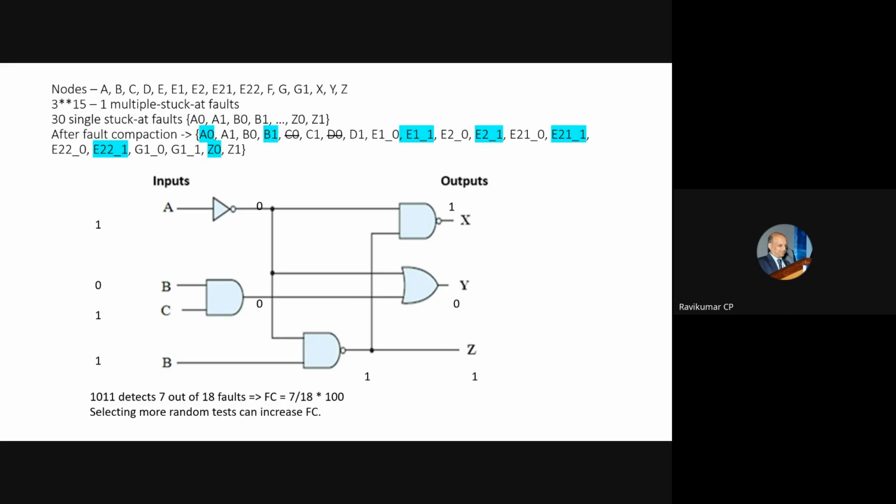That may give us a fault coverage of, let us say, around 12 out of 18, okay, maybe 66% coverage. The remaining we have to do manually.